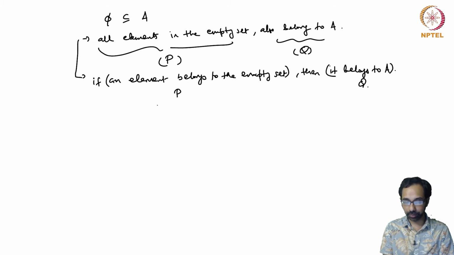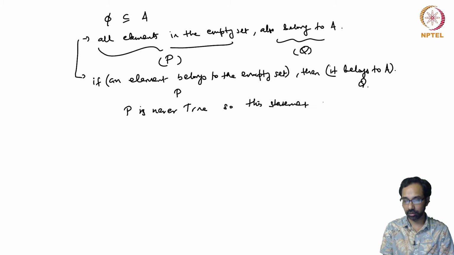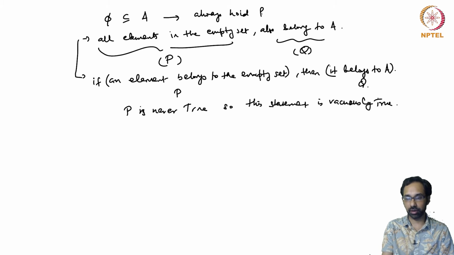And now note that P never holds. P is never true because the empty set does not have any elements. So this statement is vacuously true. So in this way, phi is a subset of A always holds for any set A.